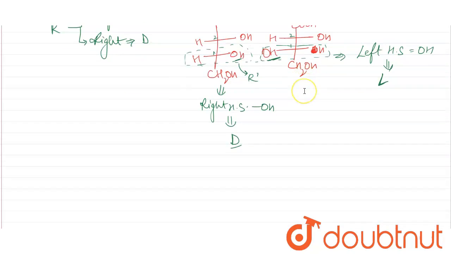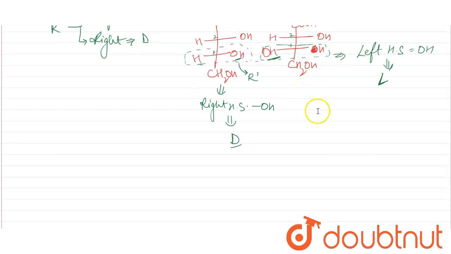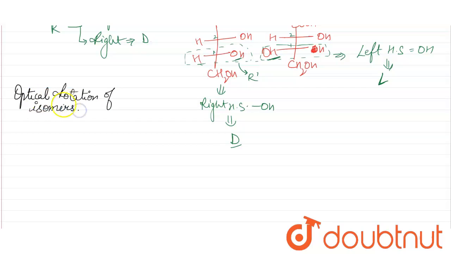Now coming to small l and small d. For small l and small d, we have always heard about optical rotation of isomers. Different isomers show different optical rotations. For example, I have a solution of isomer A and A dash.